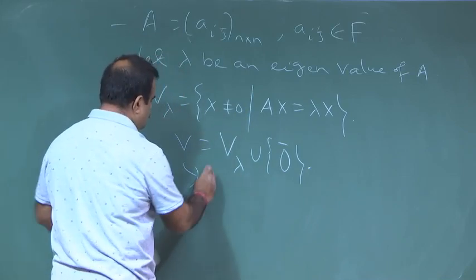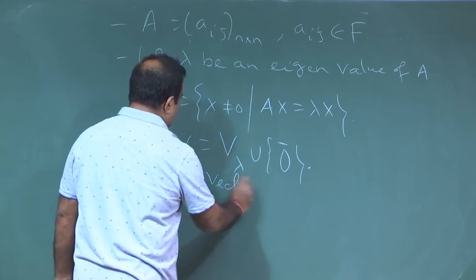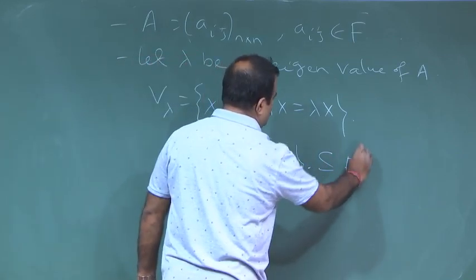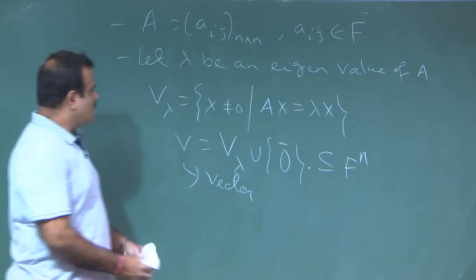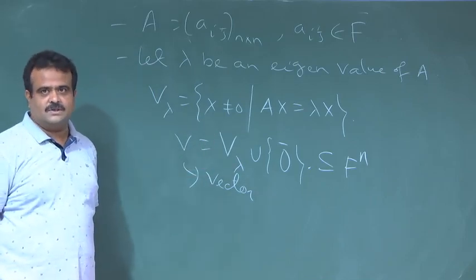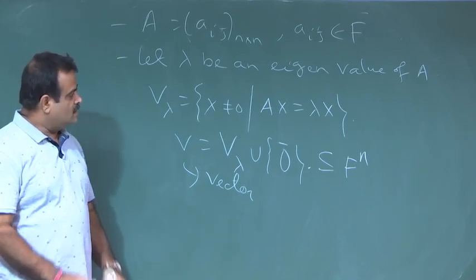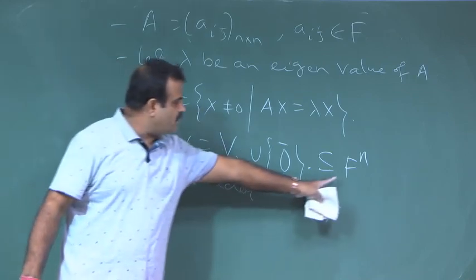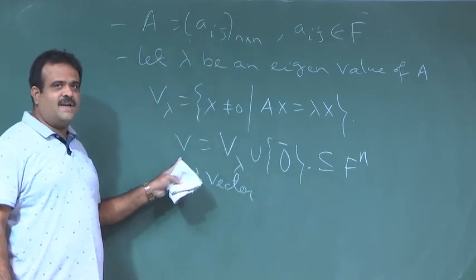It is a subset of F to the power n, the n-tuples. Okay. And we know this is a vector space. Now, this is a subset.